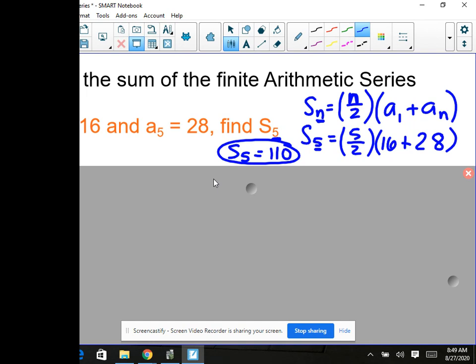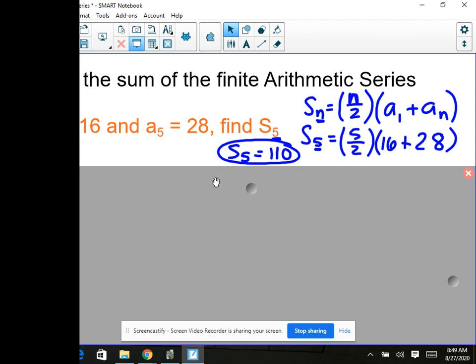Okay, so on a test, you're freaking out. You forget the formula. Could you start with your first term and your fifth term? The information we learned the other day, we could count spaces, we could guess and check, we can do whatever, and then add them all together, and we found our series.